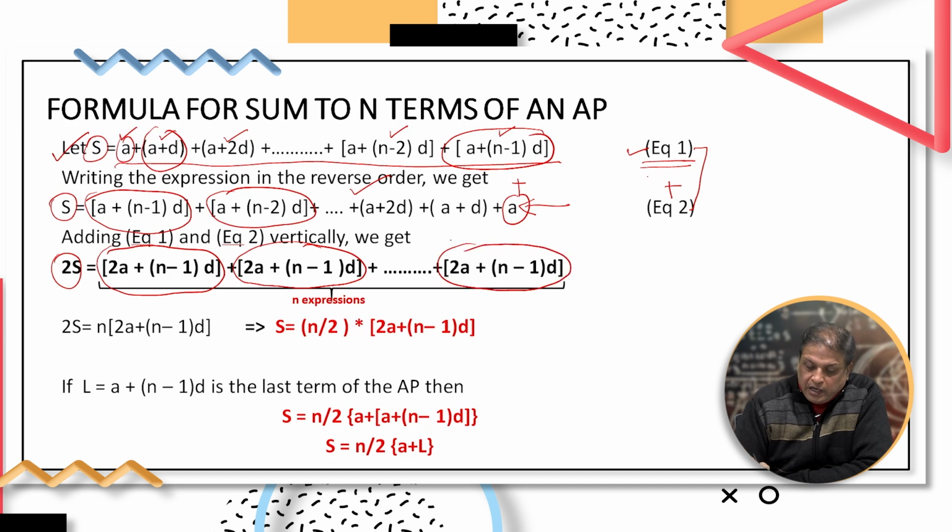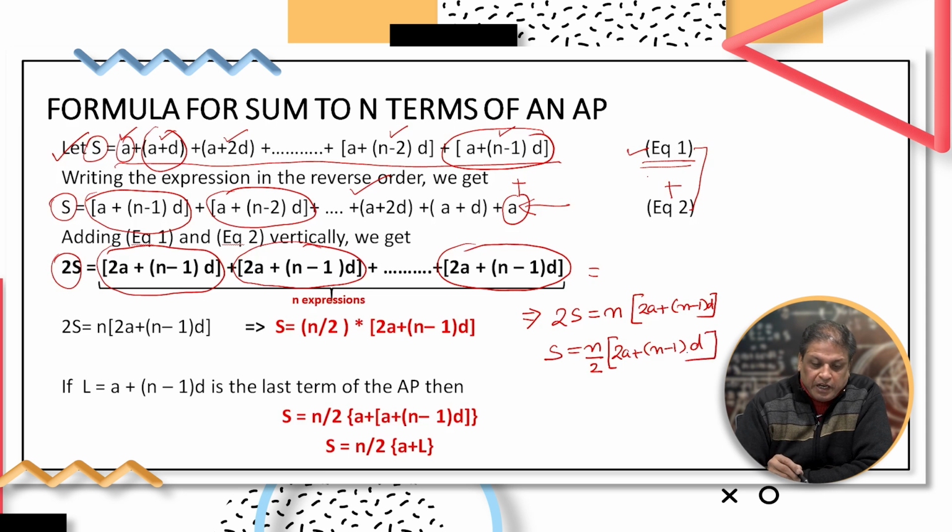So, that means the entire sum turns out to be, this implies 2S will be equal to n times the sum 2a plus (n minus 1) into d. That means S is equal to n by 2 into (2a plus (n minus 1) into d).